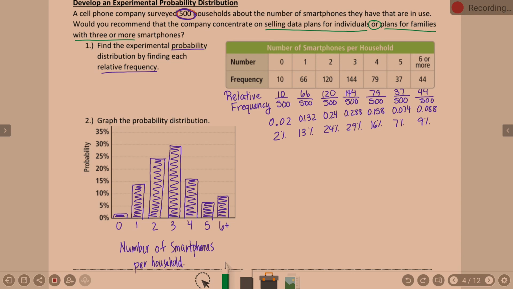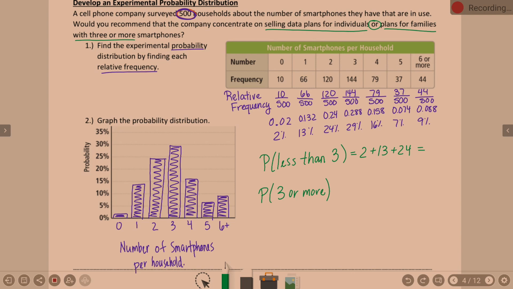And then that means selling data plans for individuals is going to be more the left, the 0, 1, 2. So if we look at the groups that are less than 3, and the groups that are 3 or more, look at those amounts. Less than 3 is what? 2%, 13%, and 24%.